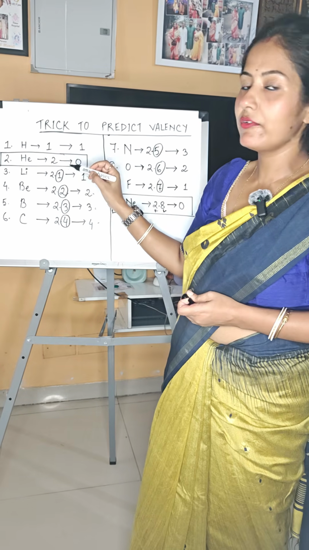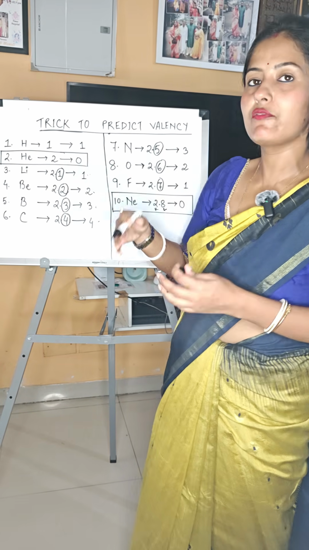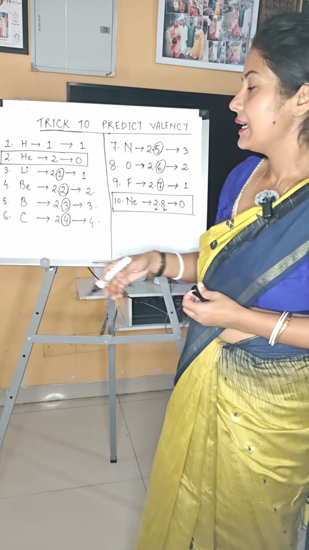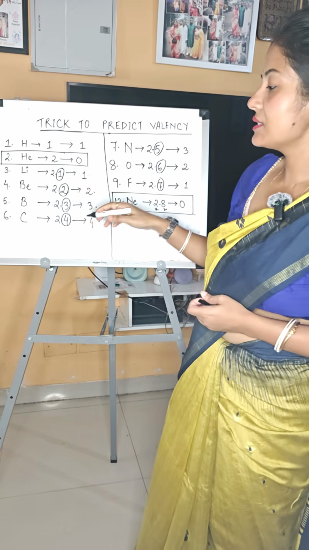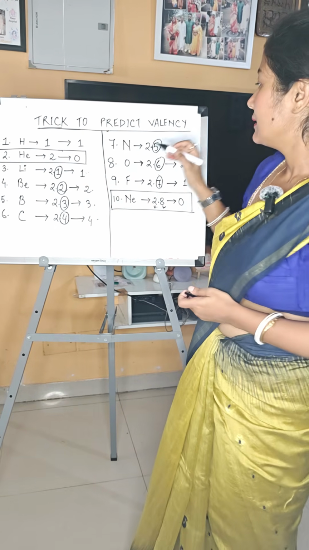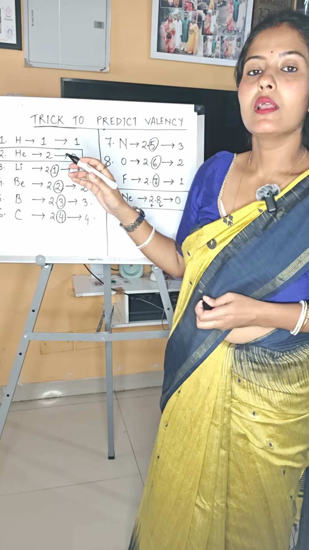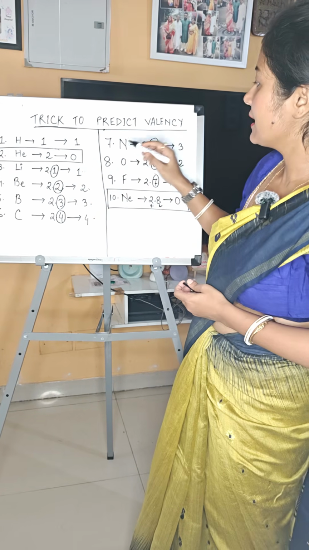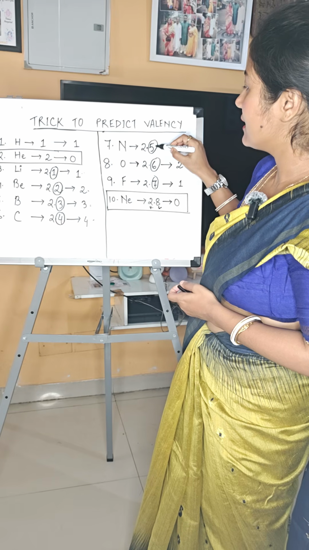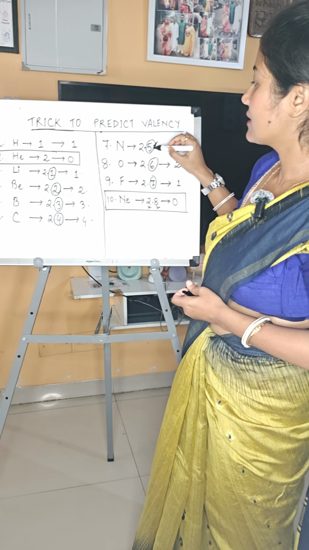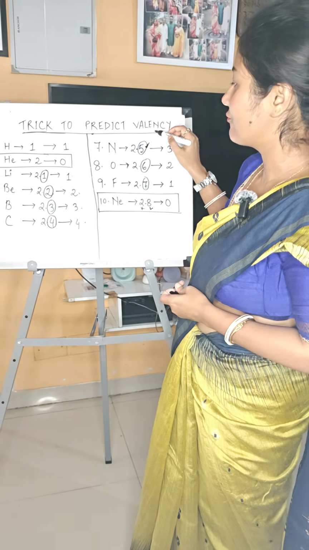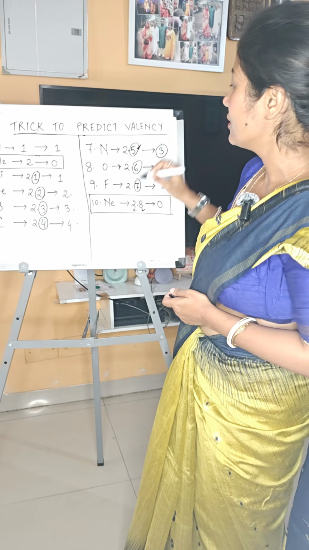That means whatever the number of valence electrons is, that will be equal to the valency. And if the number of valence electrons is greater than 4, then you have to subtract the number of valence electrons from 8. For example, in the case of nitrogen, the number of valence electrons is 5. When we subtract 5 from 8, we get a valency of 3.